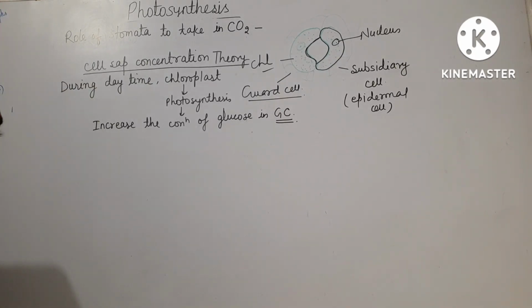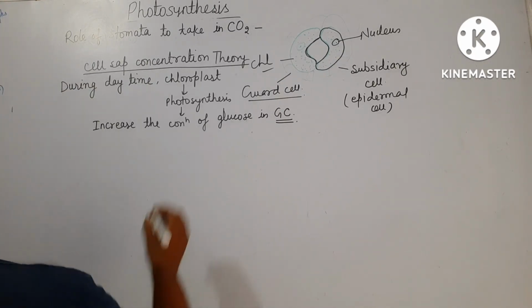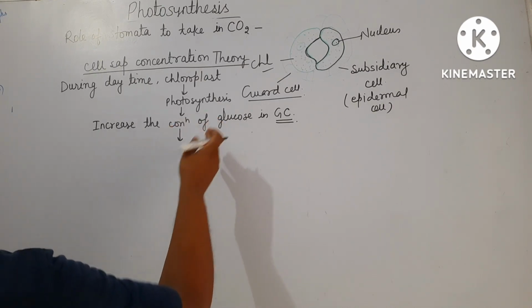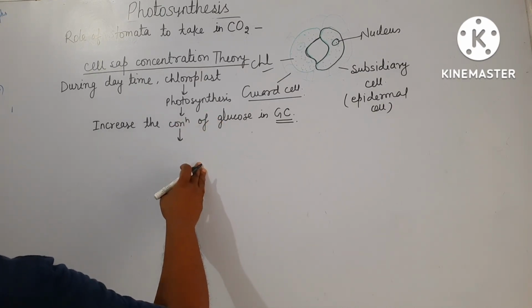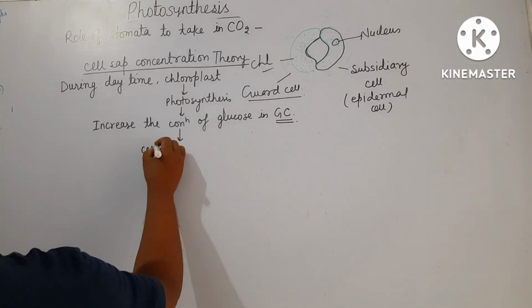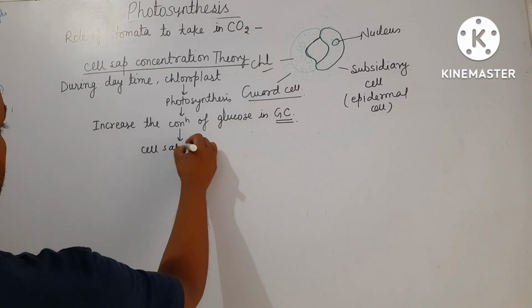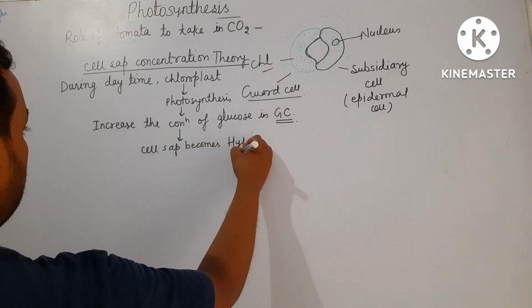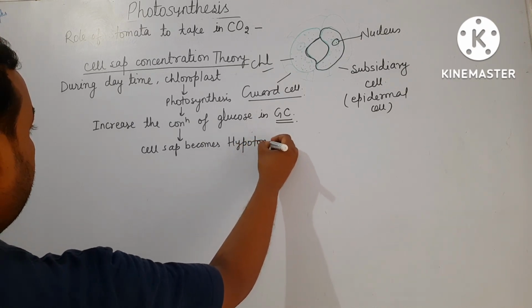Okay, then what will happen? Due to the increase in the glucose content in the cell sap, it becomes hypotonic. Cell sap becomes hypotonic.